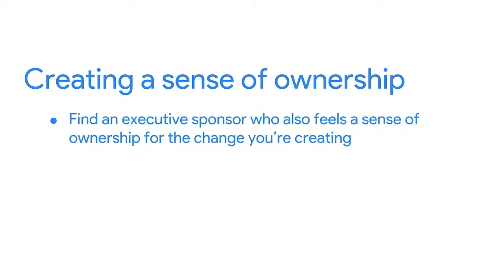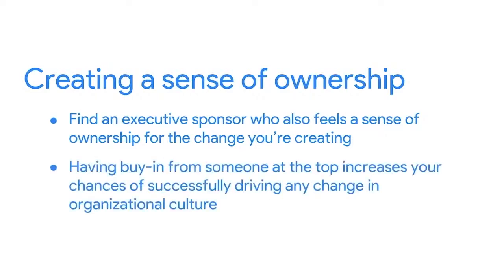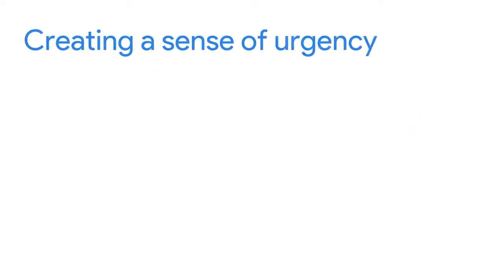Wherever possible, point out connections between the changes you're making and the company's stated mission or values. Having buy-in from someone at the top increases your chances of successfully driving any change in organizational culture. Ideally, your sponsor will reinforce the benefits of Agile to the organization and give you the support and resources you need.